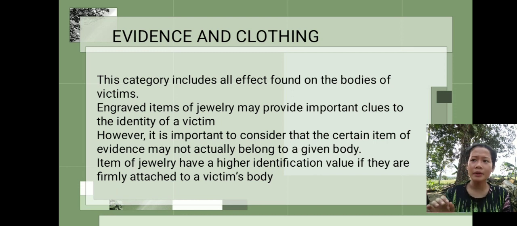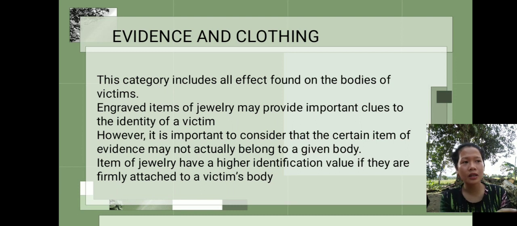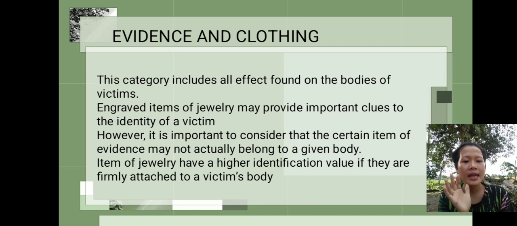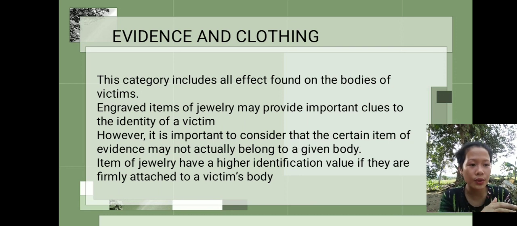For example, in the struggle, objects from the suspect or the person who committed the crime may have fallen, becoming a link to locate and trace the suspect. Items of jewelry have higher identification value if they are firmly attached to the victim's body.